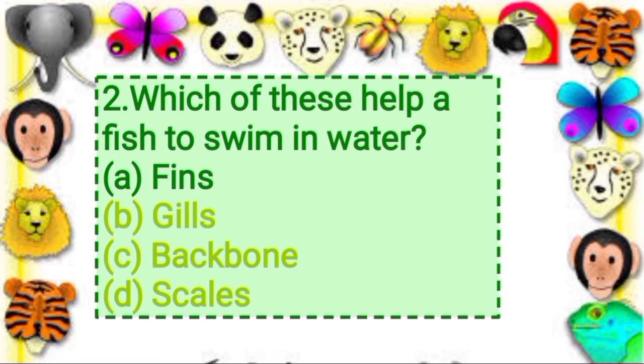So the answer is option A, fins. As different animals have different features which help them to fly or walk or to jump, the same way, fish have fins which help them to swim in water.